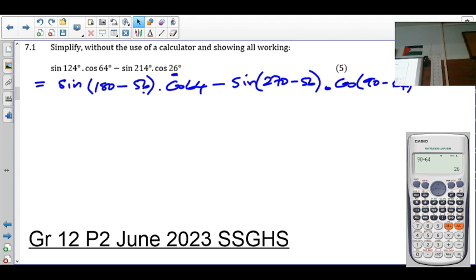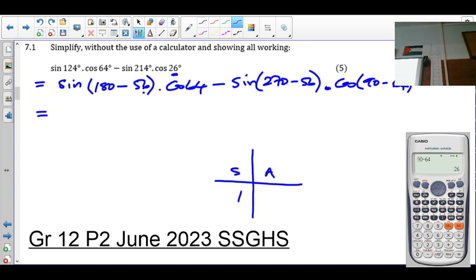Why do I choose 26? So that I can reduce this under the compound angle identity. So let's go. You say, okay, it's all stations to Claremont diagram. 180 minus 56 takes you to the second quadrant, sine is positive, so it's sin 56 times cos of 64, we didn't do any change there.